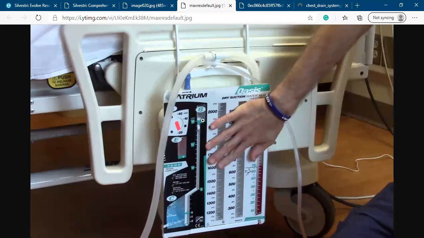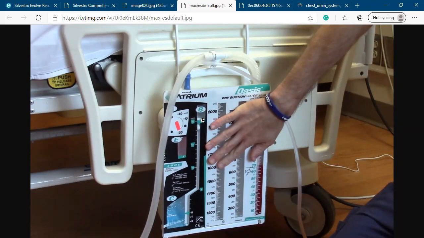So my first question here, what are the uses of a chest tube? We use the chest tube to remove air, or to remove fluid from the pleural space or from the lungs.